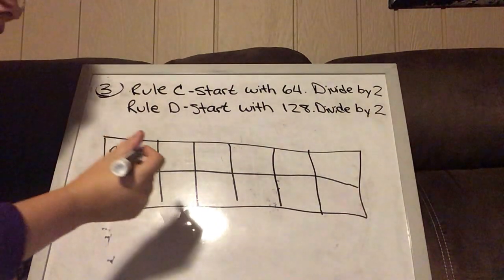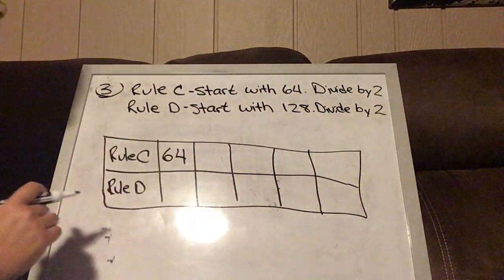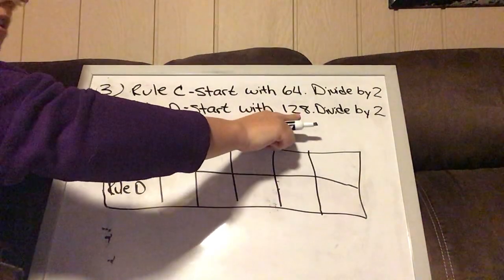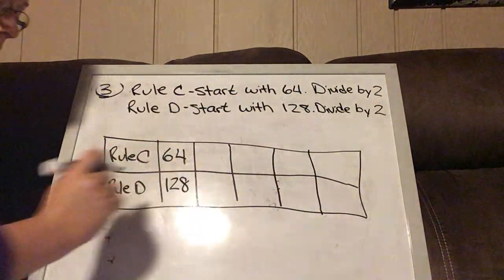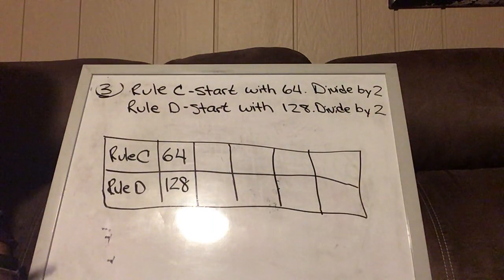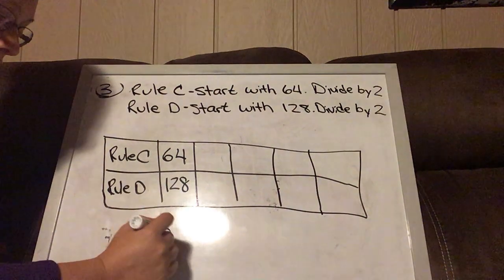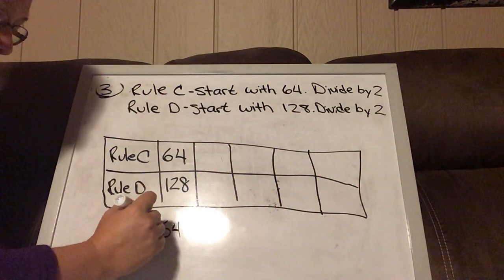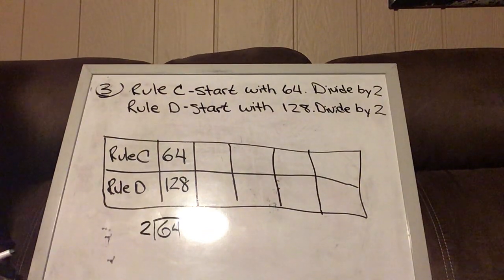All right, so rule C is going to start with 64, and rule D starts with 128. Looking at rule C, I divide by 2. So that might be something that you can't do in your head, so you might have to come down below your table, 64 divided by 2, and work that out.